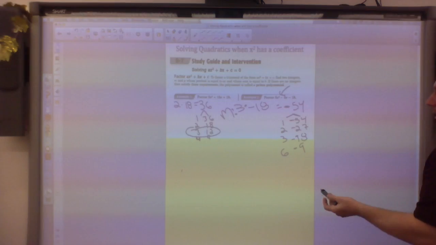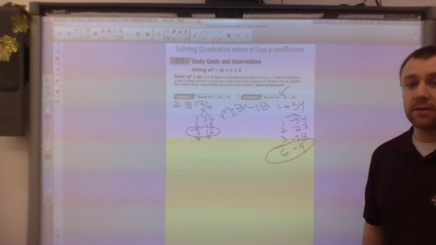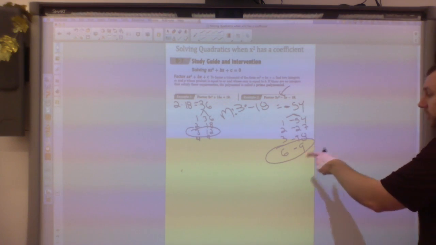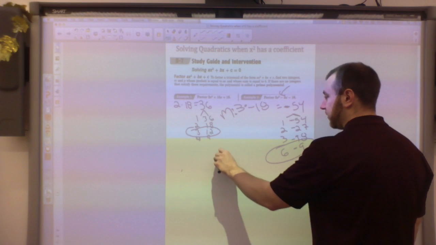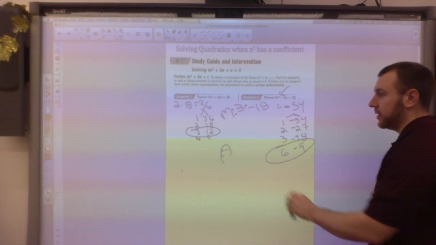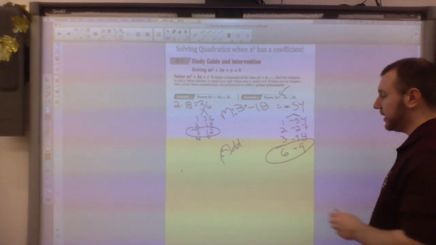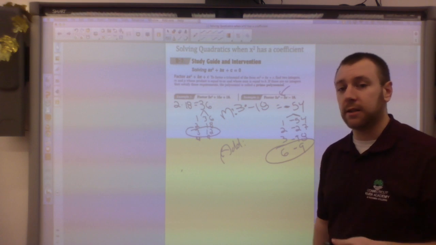Now when I add them up, I notice that 6 and -9 are going to be the factors that I want. So m is multiply, and a is adding the factors together to figure out what adds to that middle term.